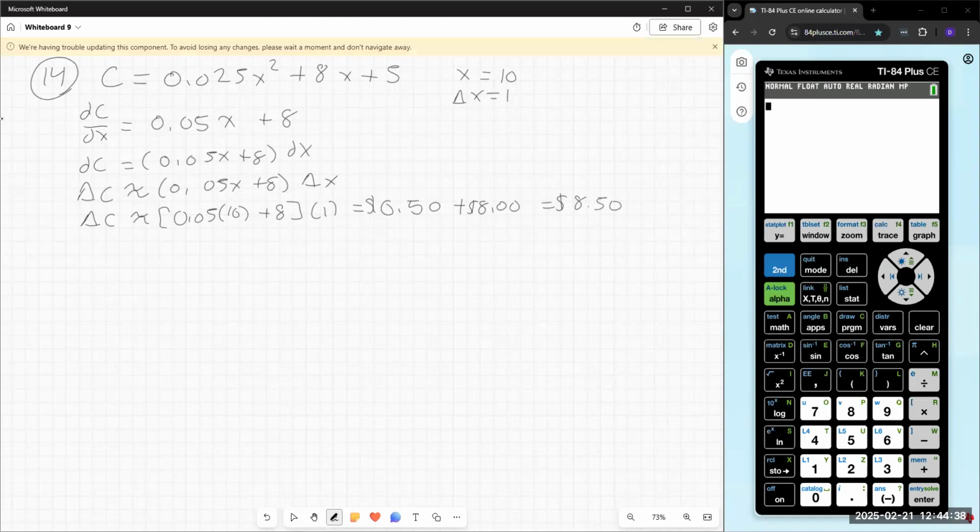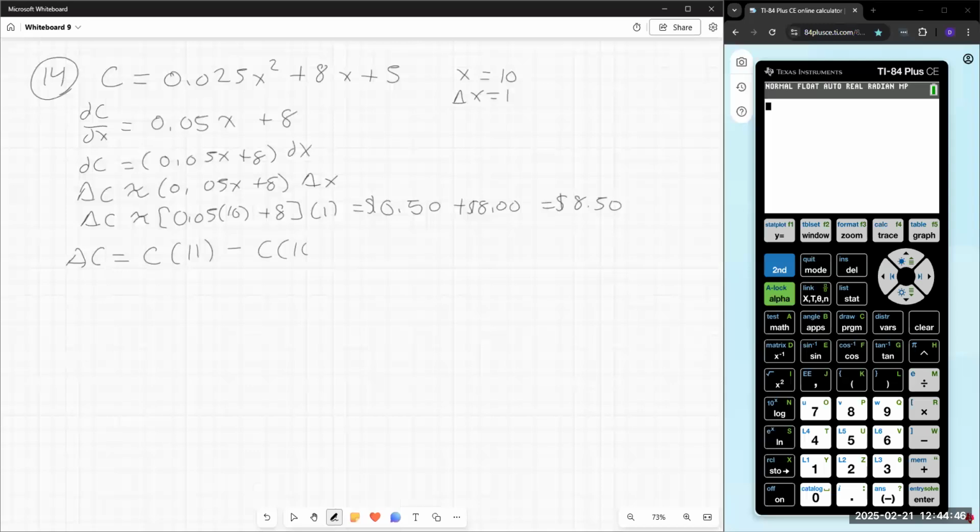And then delta c is exactly equal to c of 11 minus c of 10, which will be 0.025 times 11 squared minus 10 squared plus 8 times 11 minus 10. The constants will go away.